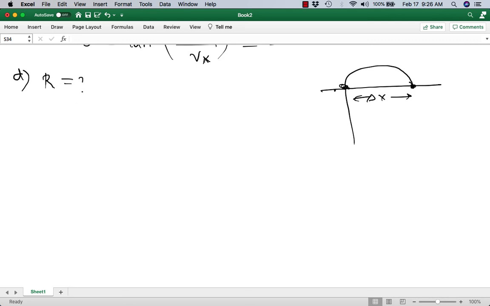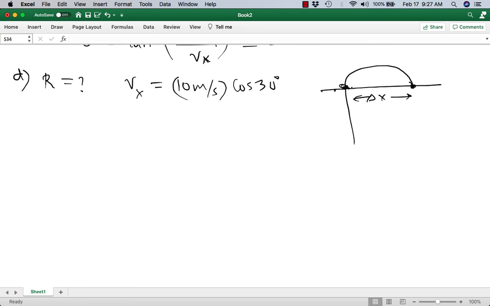So we know for range we use horizontal motion. For horizontal motion, the velocity is vx, which is 10 meters per second cosine 30 degrees.